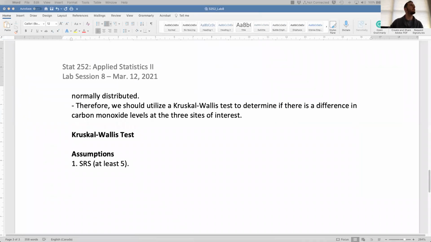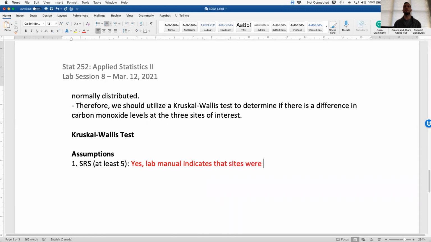From the lab manual, we are told that there are 3 randomly selected industrial sites. So here we can say, yes, lab manual indicates that sites were randomly selected. Further, we have 8 observations in each group.